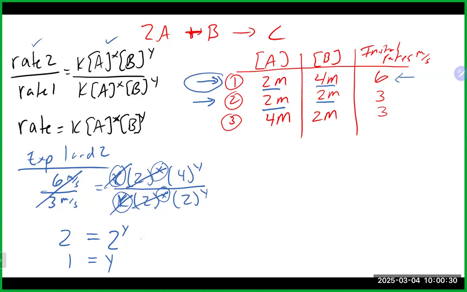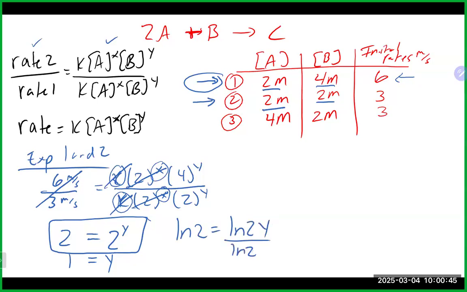Now, by the way, if you don't have pretty numbers or you can't visualize this result, and sometimes they're not nice pretty numbers like this, one way you could do it is you could just natural log both sides. That will bring the y down, and then divide the natural log back to the other side.